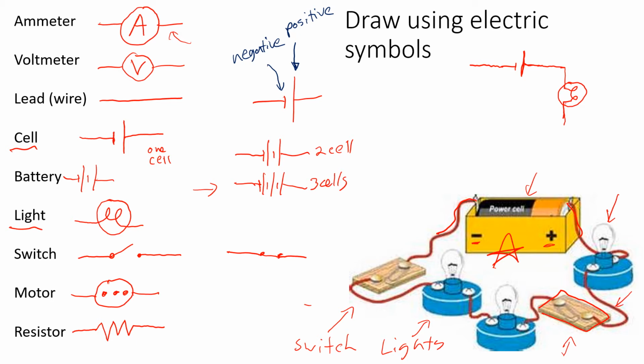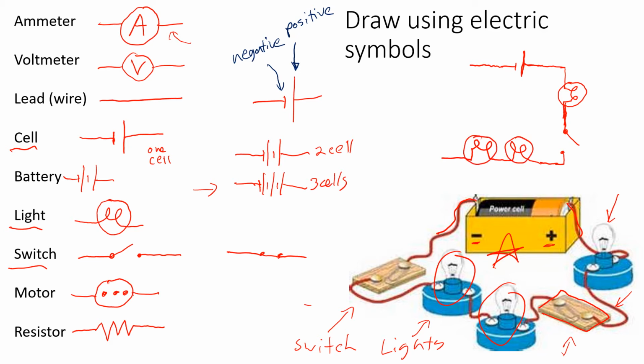And then after that light bulb, it gets into a switch. So a switch looks like that, and we're going to draw that switch. And then we have these two light bulbs right here, so we draw those two light bulbs.